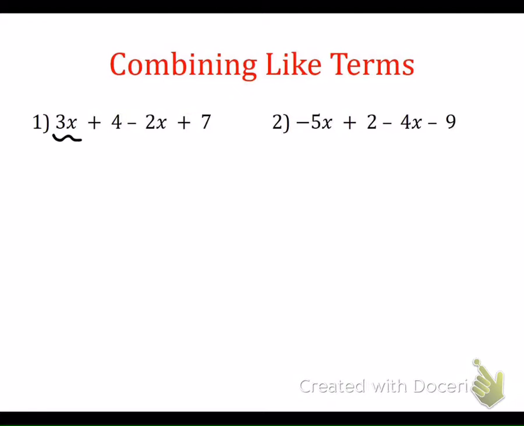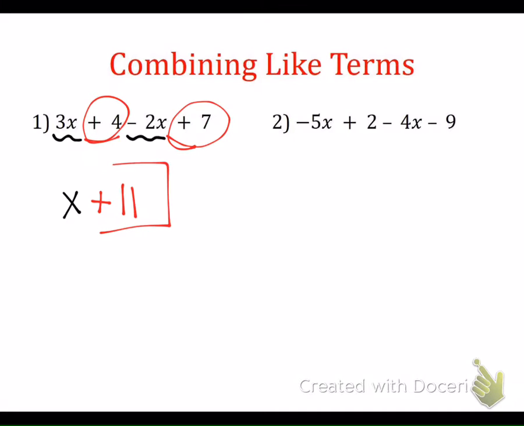Perfect. 3x and the negative has to stick with the 2x. So the variables are the same. They both have a 1 as their exponent, even though you don't see the 1. What's 3x minus 2x? 1x. Do I need the 1? No. Nope, just x. Good. Any other like terms? Yes. 4 and 7. Good. And 4 and 7, both positive, gives us 11. Plus 11. Good.